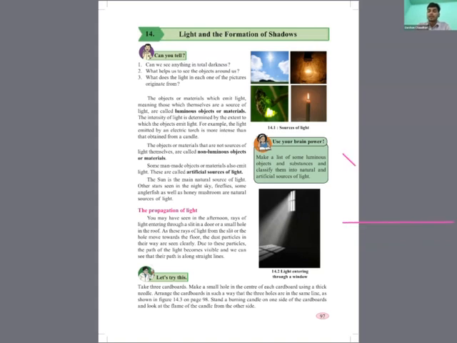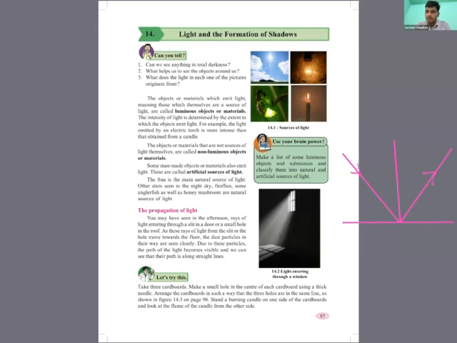This is the reflecting surface, this is the incident ray and this is the reflected ray. In between them, a 90-degree angle is formed, that is the imaginary path.